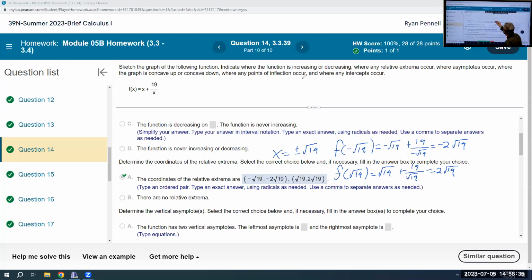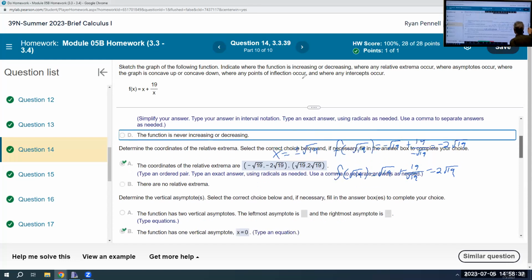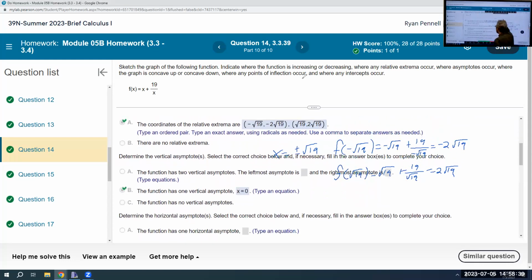Now the asymptote. Oh, sorry, vertical asymptote. I was excited. Vertical asymptote is obviously x equals 0, because we can't divide by 0. There's your vertical asymptote.